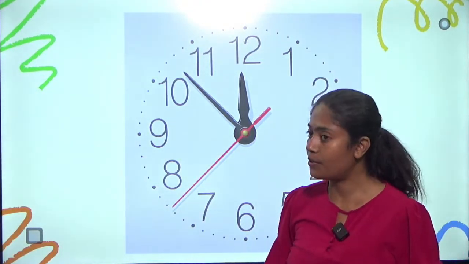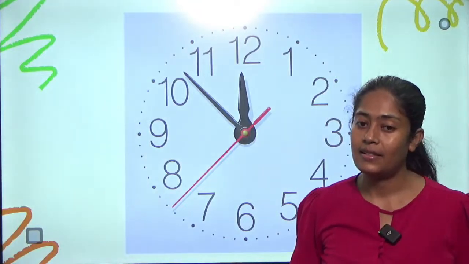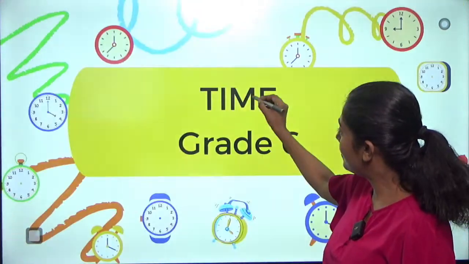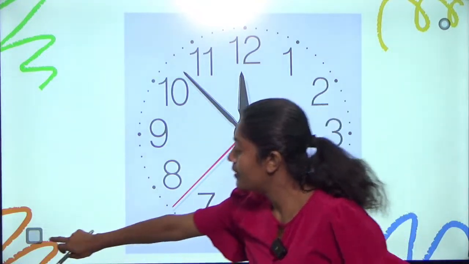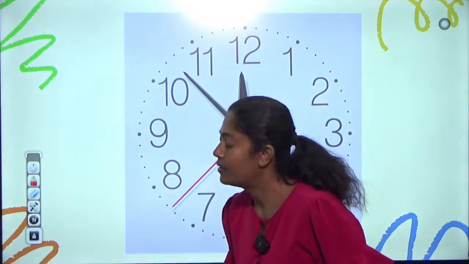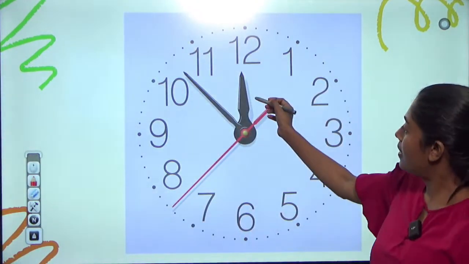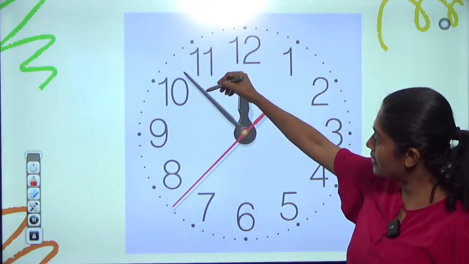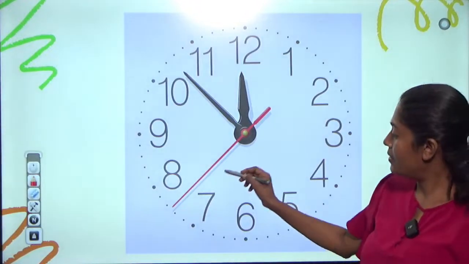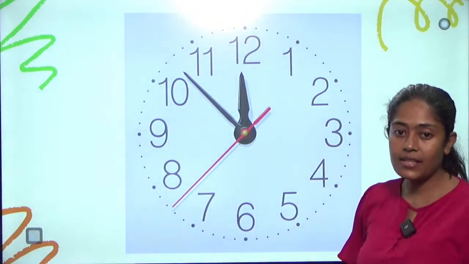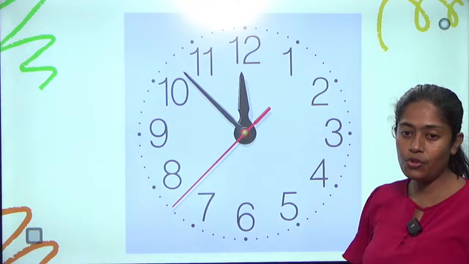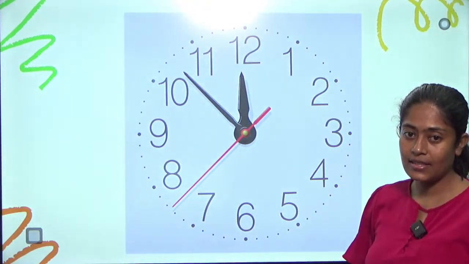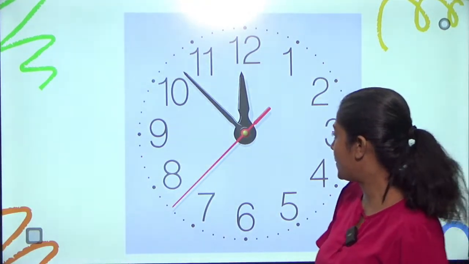So do you know what those hands are? This one, the hour hand. Then we have the next one, this minute hand. Then this one, the seconds hand. Do you know those things? No. We'll explain then.